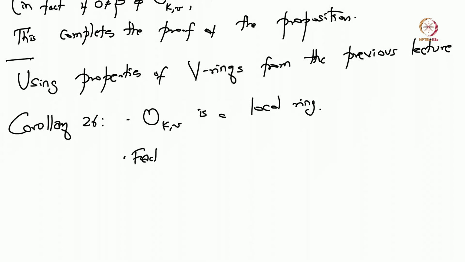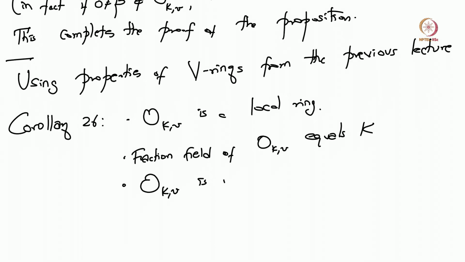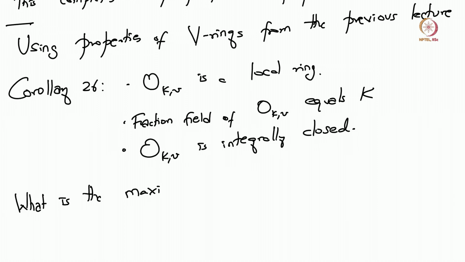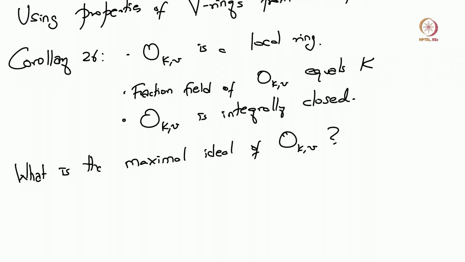The fraction field of OKV equals K, and OKV is integrally closed. Okay. So the first property says that it's a local ring. So you can ask, what is the maximal ideal of OKV? So we've suggestively denoted this MV. So it'll turn out that MV is the maximal ideal of OKV.